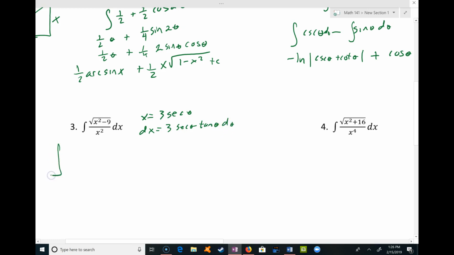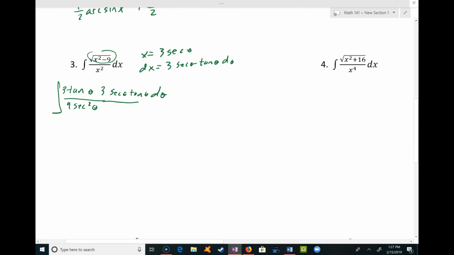So then when I make my substitutions in, essentially the square root becomes 3 tangent, and on the bottom I'm going to have 9 secant squared theta, and then replace the dx with 3 secant theta tangent theta d theta.